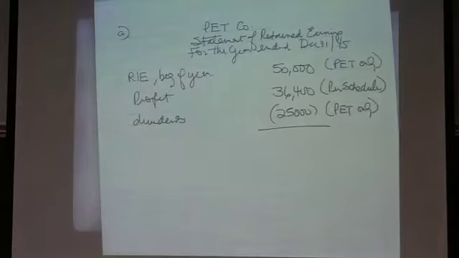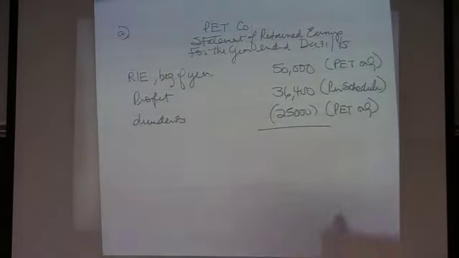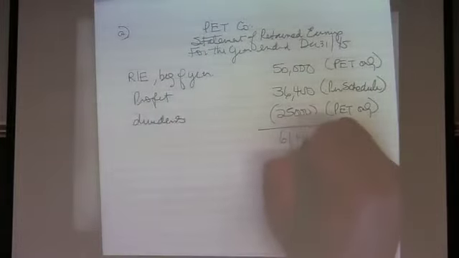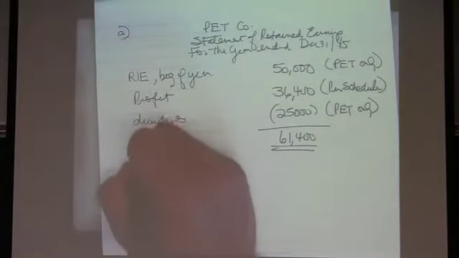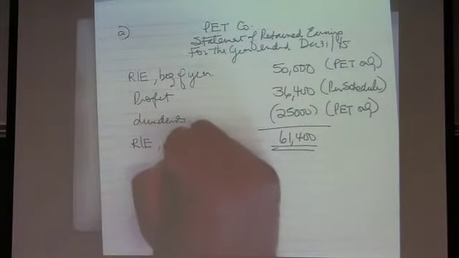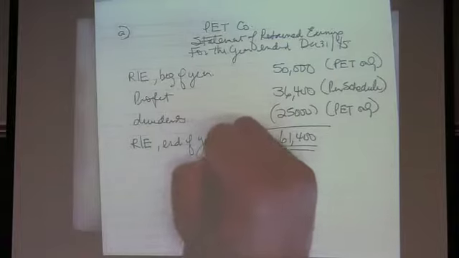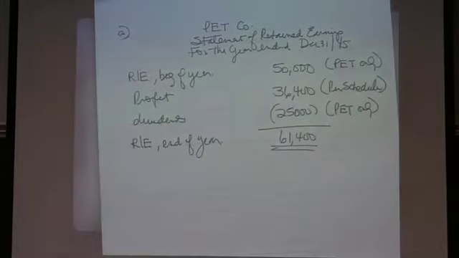Okay, I got per schedule, only PET. That gives us 61,400. That's the retained earnings, end of year. Okay, so that answers the first part.